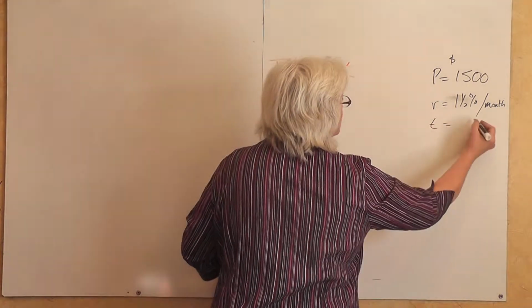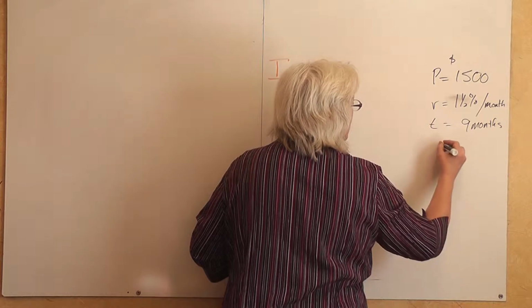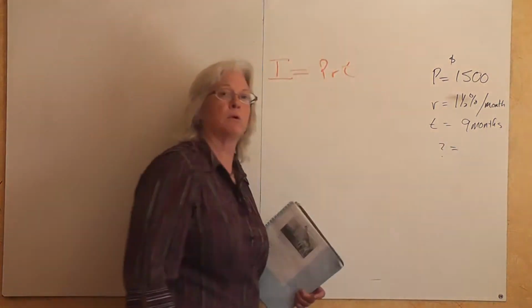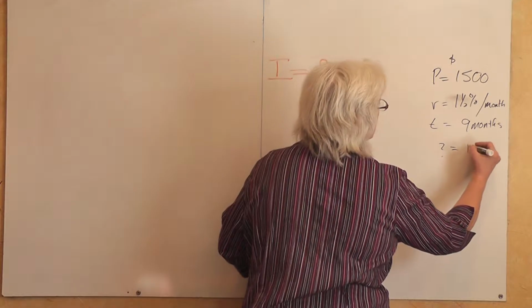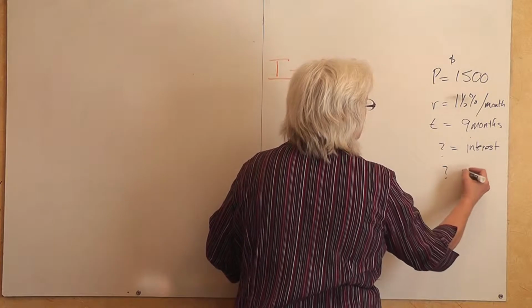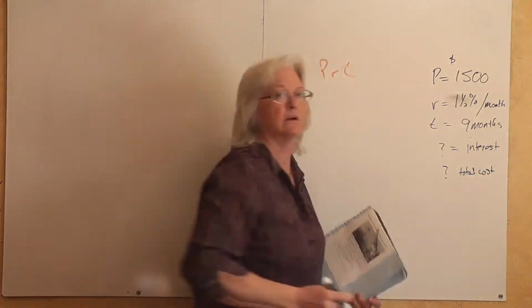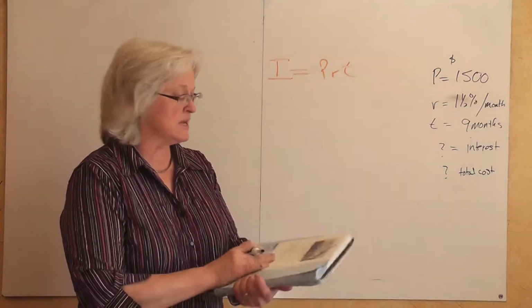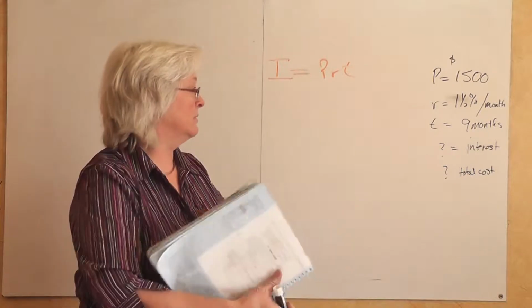Our problem tells us that we're going to borrow it for 9 months. And what are our questions? What do we want to find? We want to find out what's the interest, and what is the total cost. See how they phrase it. Find the interest and the total amount owed.